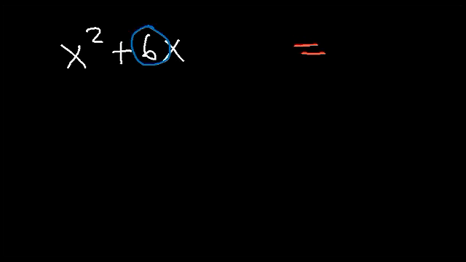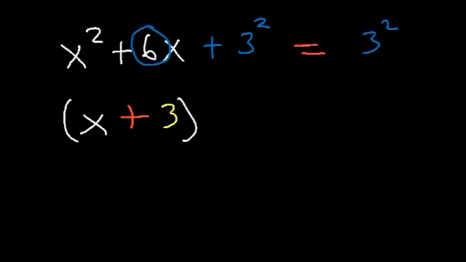So let me give you a few more examples of that technique. Let's say you have the expression x squared plus 6x. You need to add half of 6, which is 3. So you've got to add 3 squared to both sides. When you factor it, it's going to be x, plus whatever this number is, 3, and then simply square it.